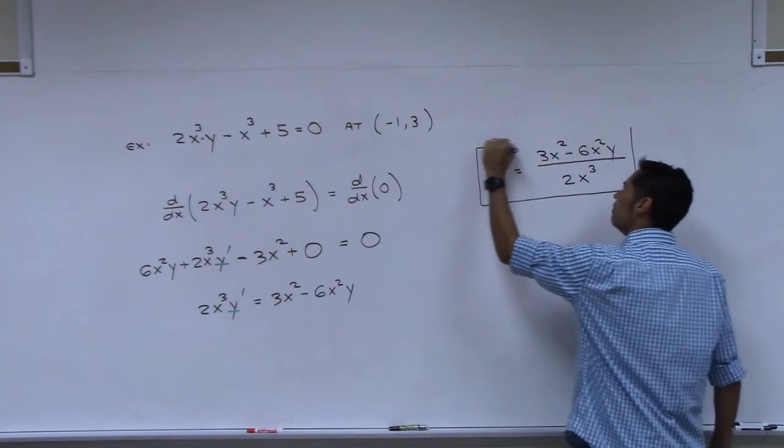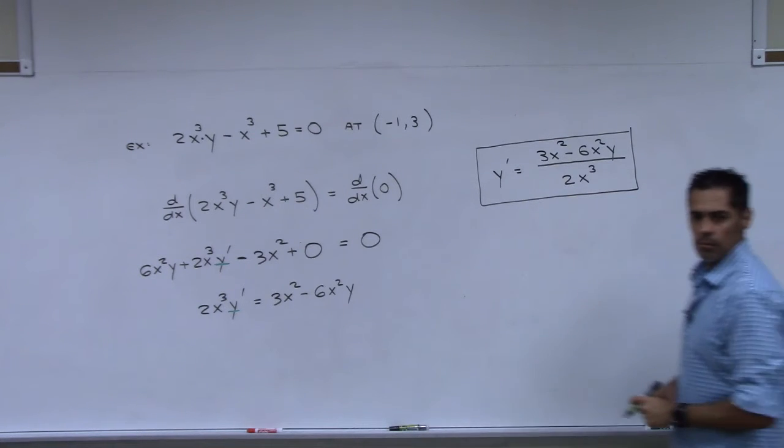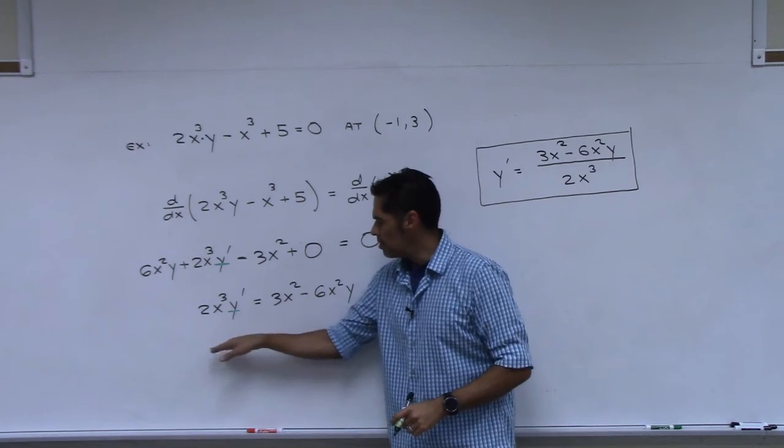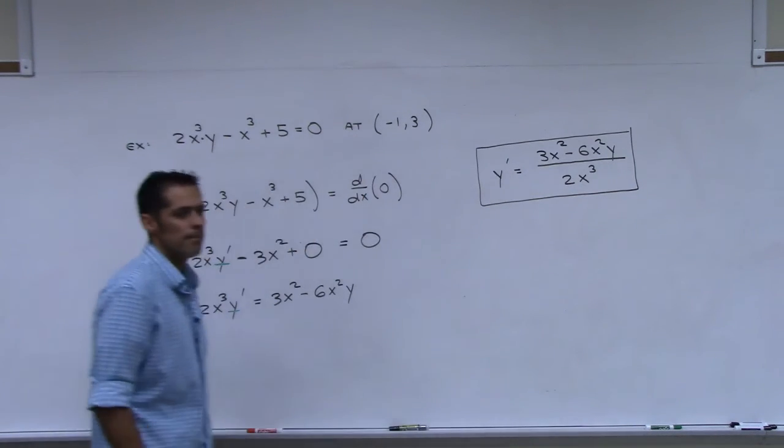That's our derivative. Divide this side by 2x cubed, divide this side by 2x cubed, done. We have y prime by itself. We good?